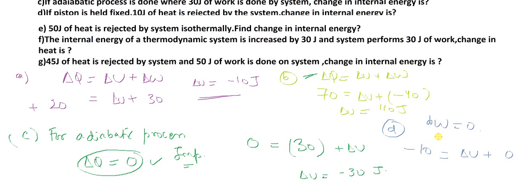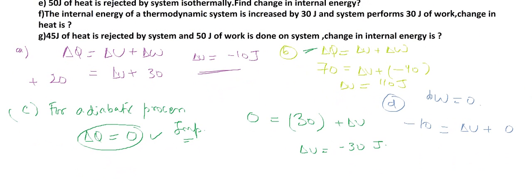Okay, now the fifth part is a little bit tricky, because you need to know the isothermal process. For an isothermal process, the temperature of the system is always constant.